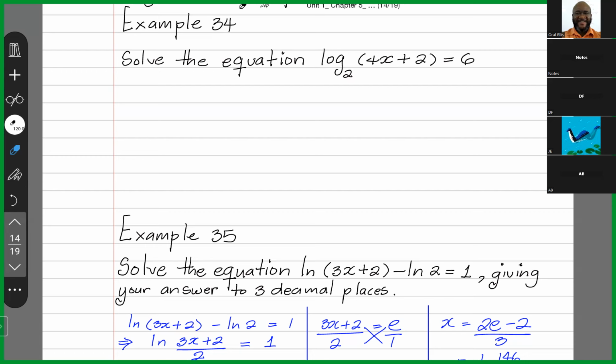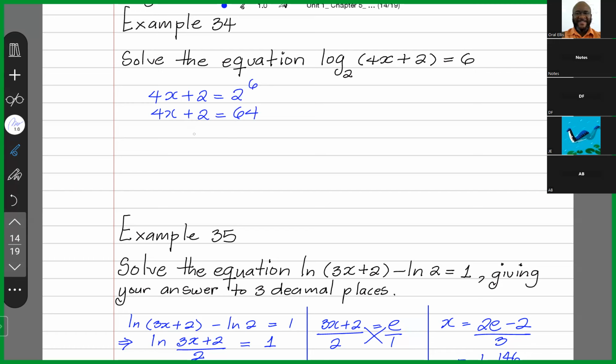Moving from log form to index form, the number 4x + 2 is equal to the base 2 raised to the index 6. So what we have now is 4x + 2 is equal to 2 to the 6, which is 64.